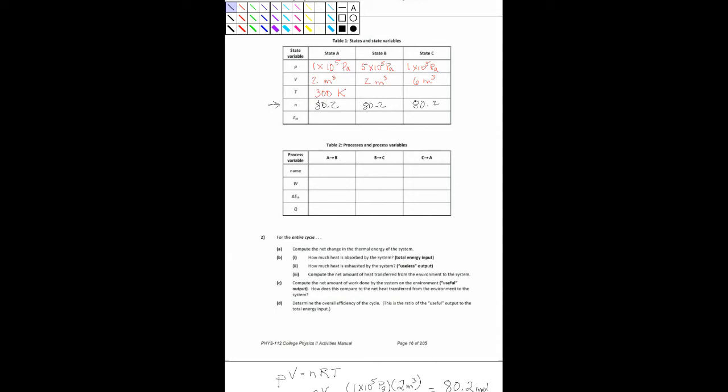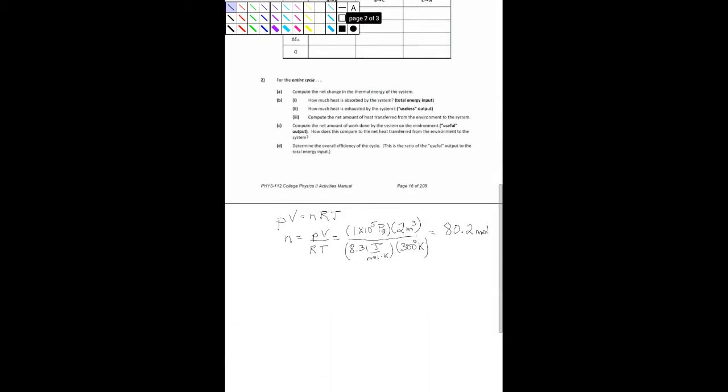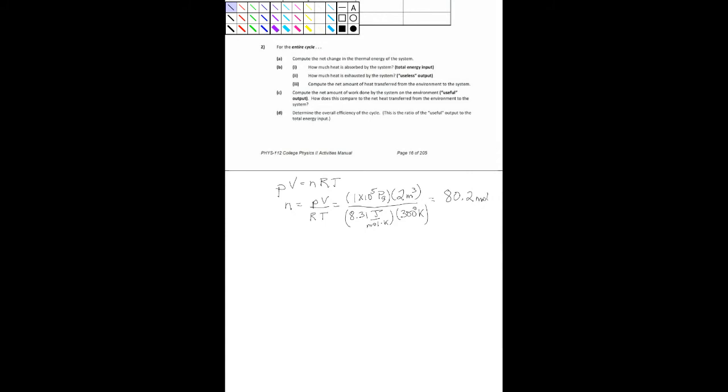And now if we look at state B and C, again, we know 3 out of the 4 state variables, so we can use the ideal gas law to find our new temperature. Or you can use the fact that the ratio PV over T is equal to a constant. And that constant is the number of moles times R.